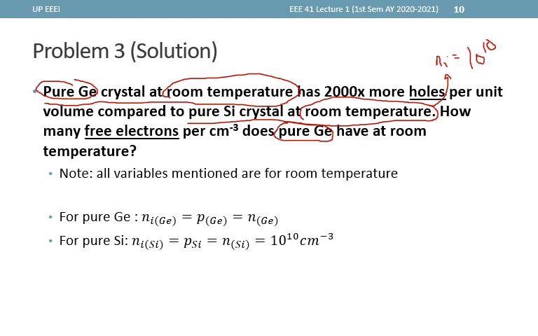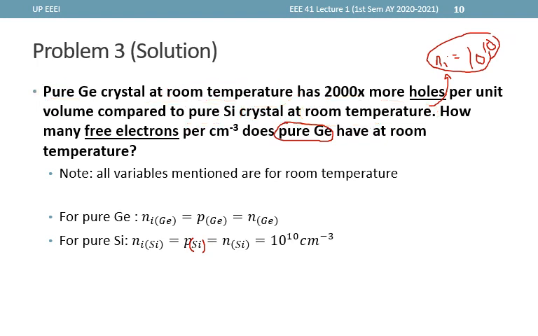For pure silicon as well, we have N is equal to P is equal to Ni. Sorry, this should have a parenthesis. And we use this fact right here that Ni is equal to 10 to the 10. So let me just remove some of the highlights.